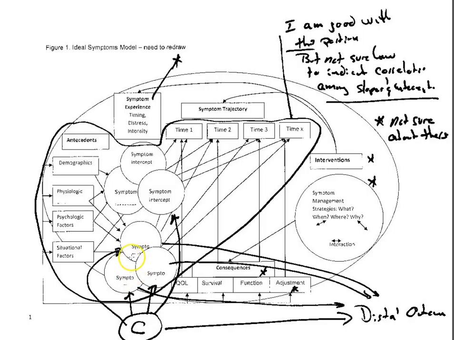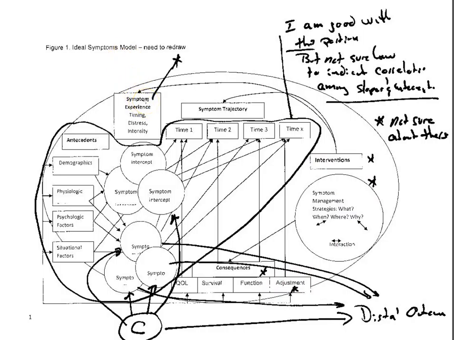I also don't understand the relationships that are here. It seems like you have time varying covariates, and I don't quite get those.